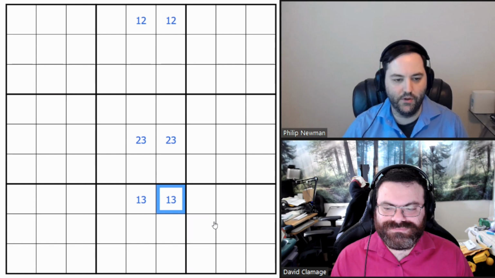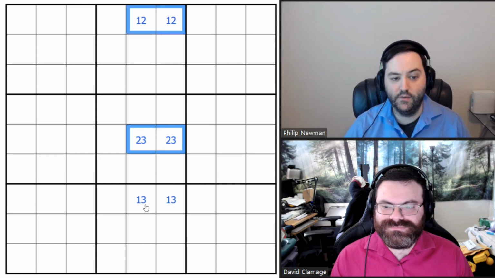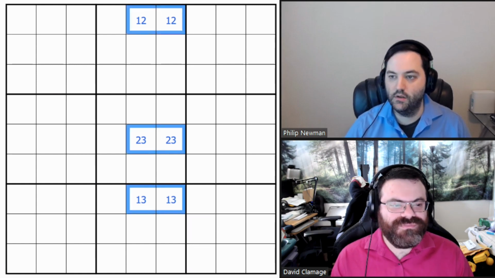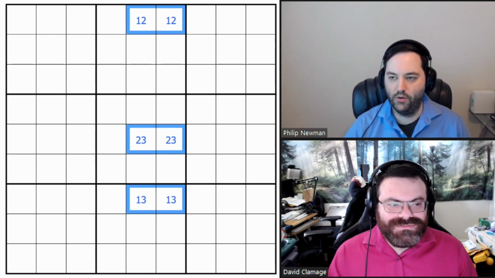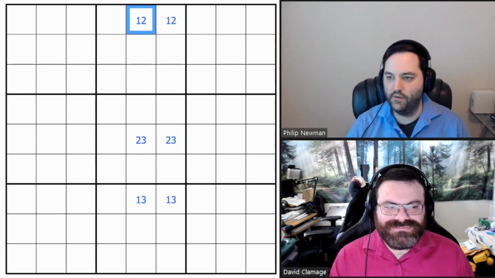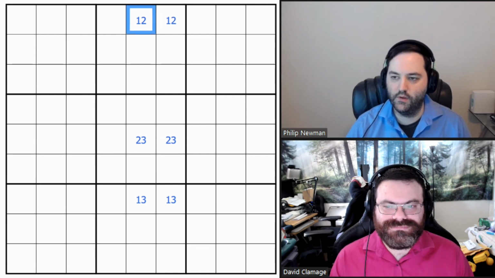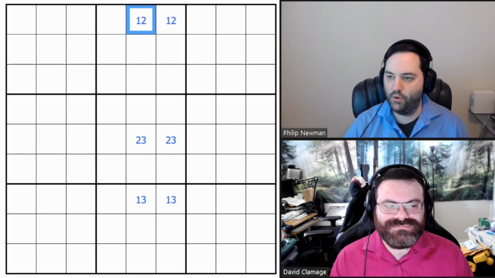It wouldn't actually appear in a puzzle, but this is a bug, which stands for bi-value universal grave. So what the bi-value part means, we talk about bi-value in cells. So there are two possibilities for the cell, 1 or 2. So it's a bi-value cell. The bi-value part of bi-value universal grave is actually more general. It's including bi-local.